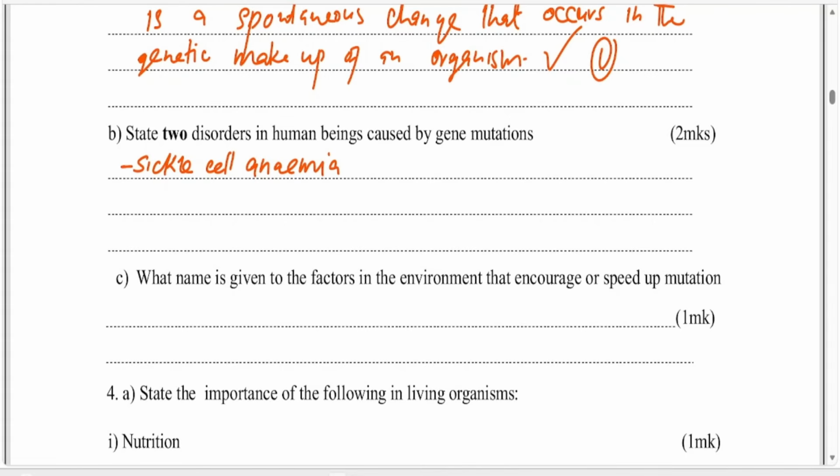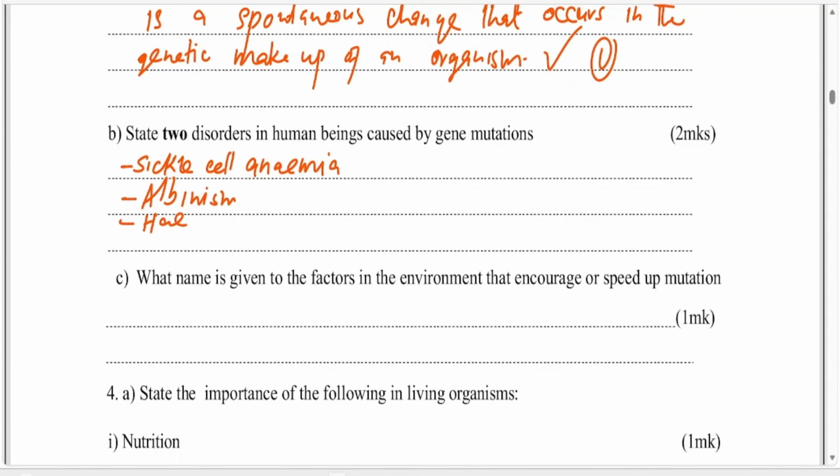Then we have albinism. Albinism is a disorder that is due to a mutation of a gene that is involved in the melanin production. So you find that that gene is not in the capacity to produce enough melanin that gives the skin its color. Then we have hemophilia.